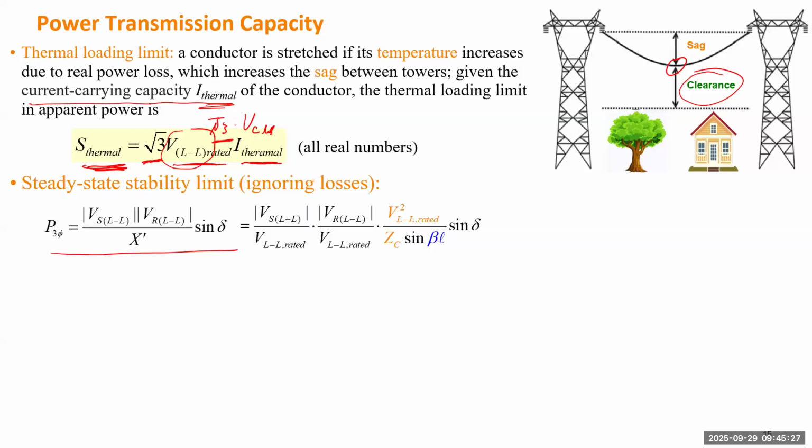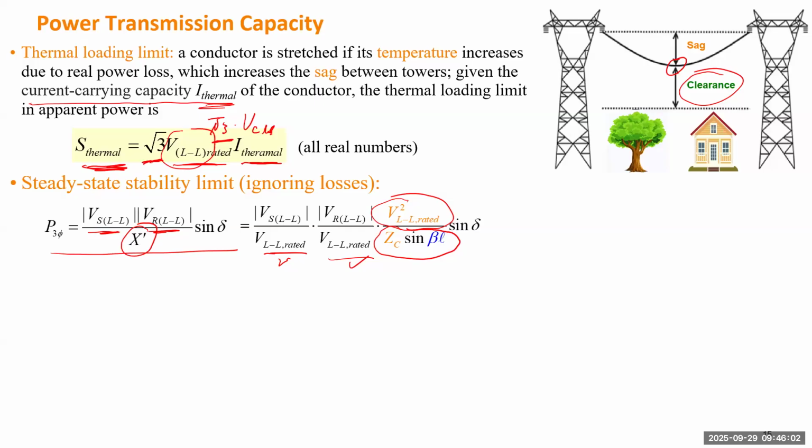So first we divide, because here we use the line-to-line voltage on the sending and the receiving end. We divide each one by the line-to-line voltage, the rated value. X prime is equal to Zc multiplied by sine beta L. And to cancel the two rated line-to-line voltages, we also multiply the formula by the line-to-line voltage squared.